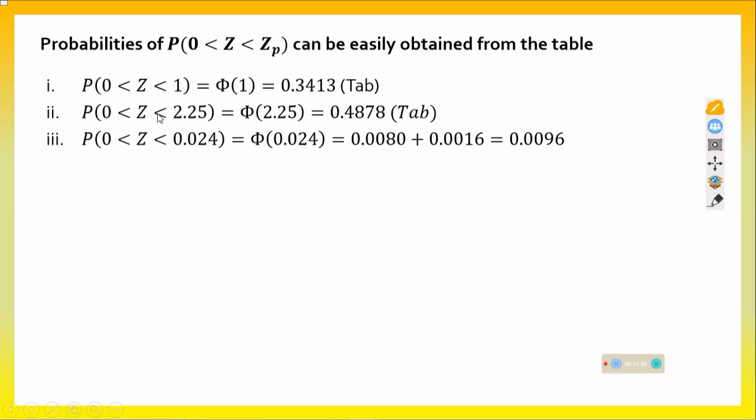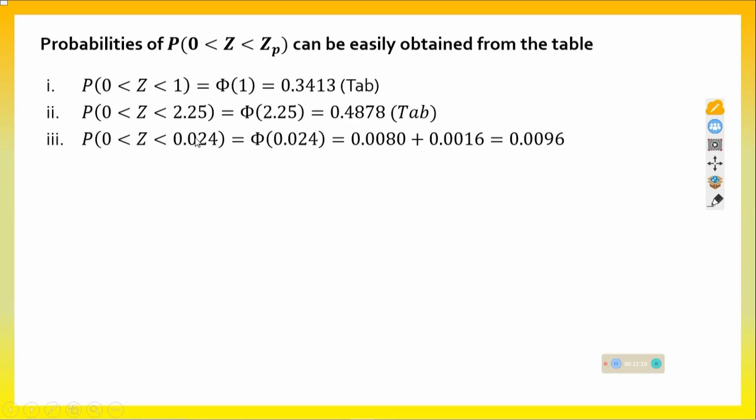If you are looking at the probability of 0 less than Z less than 2.25, you simply go to your table and take the value of this. Then if you are interested in the probability of 0 less than Z less than 0.024, you simply go to your table and take the reading for this.